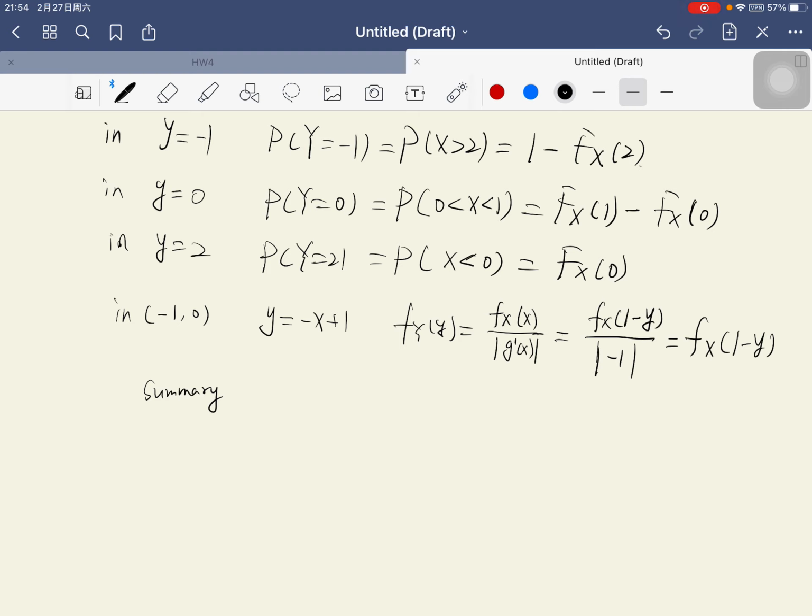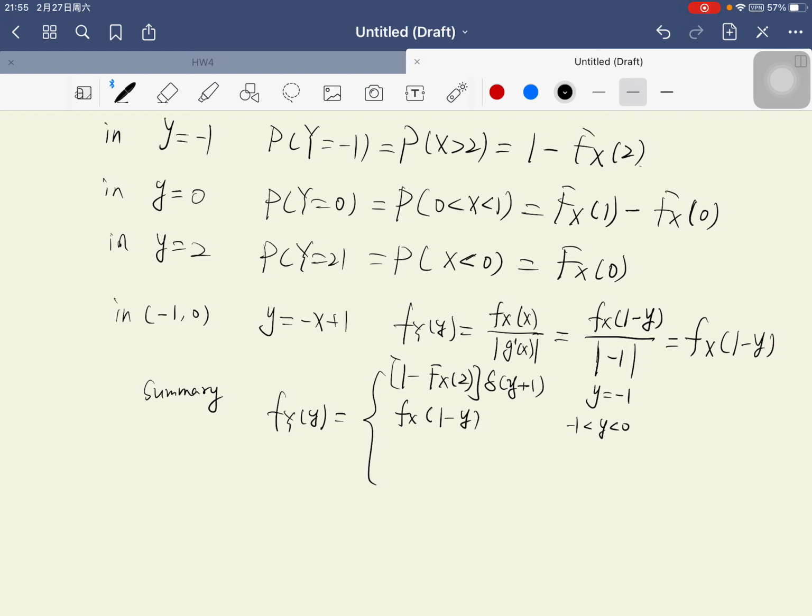compute that the density function of y is equal to 1 minus the distribution function of x at value 2, times delta(y plus 1), because it is y equal to minus 1. And when y is from minus 1 to 0, it is equal to the density function of x at the value 1 minus y.